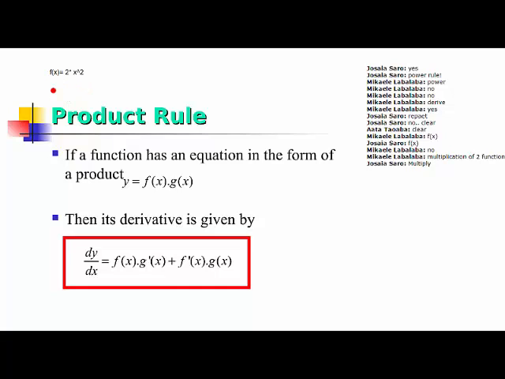Will you be using product rule in this case? Why not? Because this 2 is a constant, right? 2 is not a function on its own. It's just a constant which is multiplied to a function.